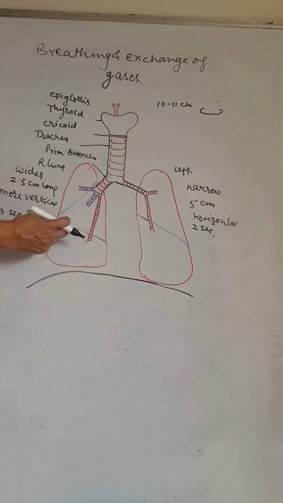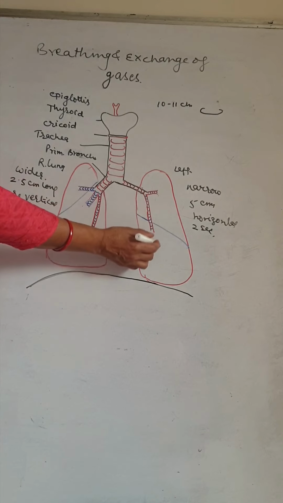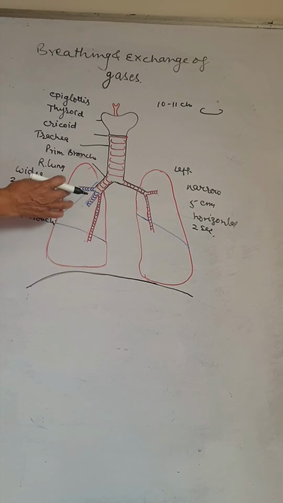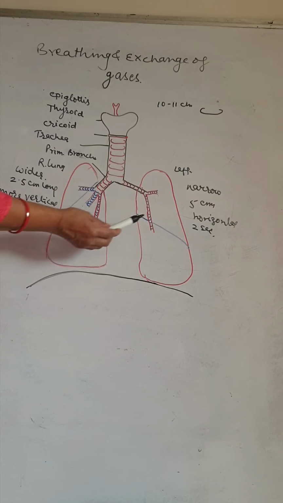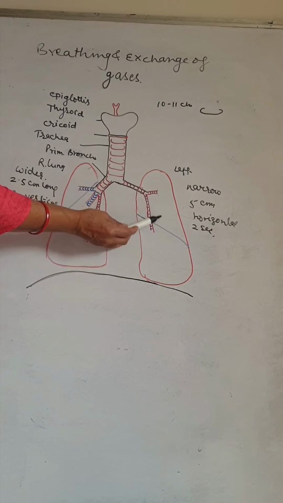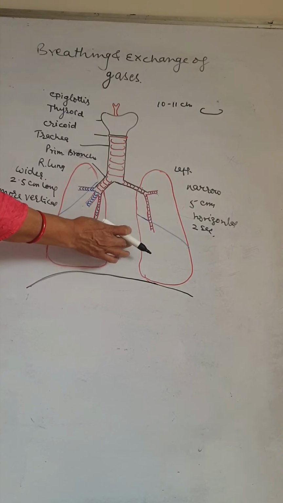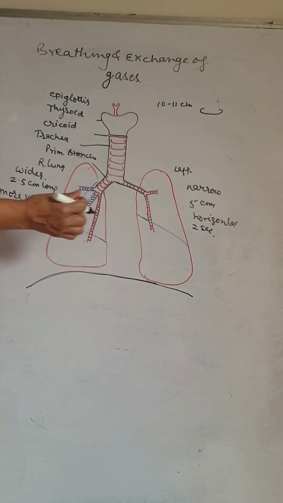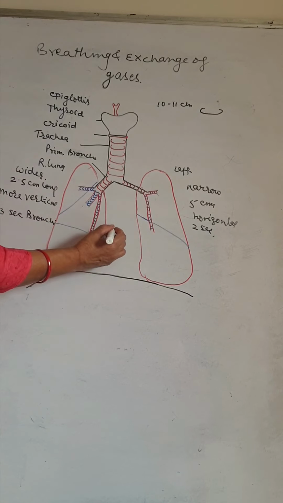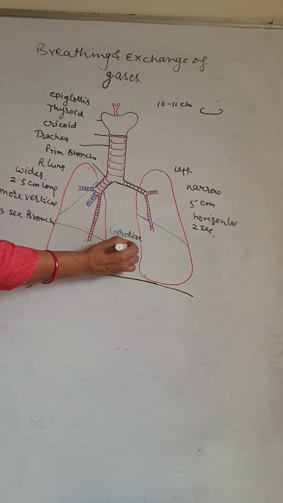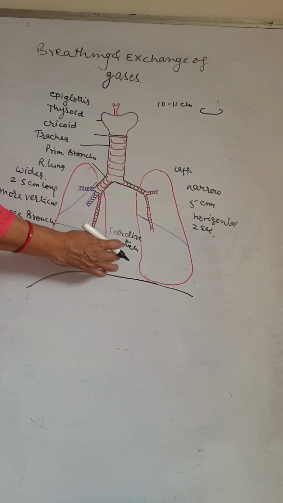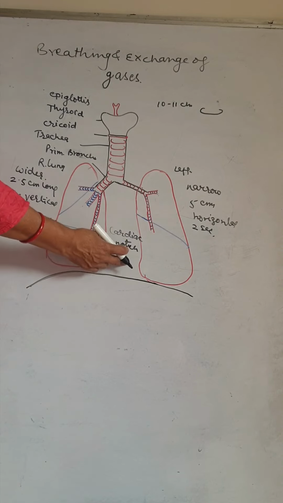The fissure divides the left lung into two lobes and the right into three lobes, so each secondary bronchus enters one lobe. There is a space in the left lung called the cardiac notch, to accommodate the heart in between.